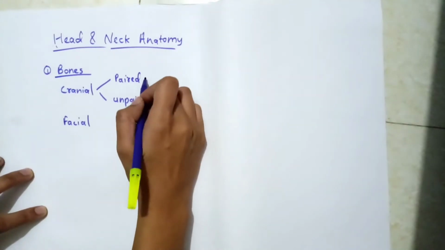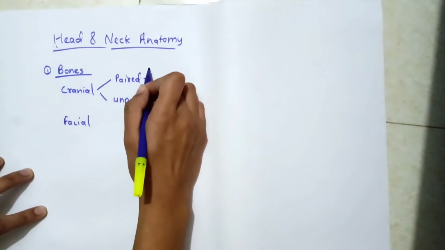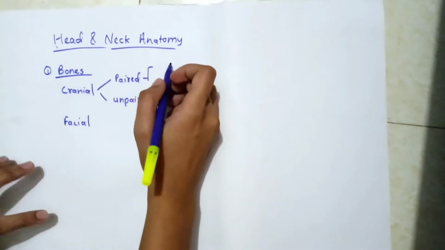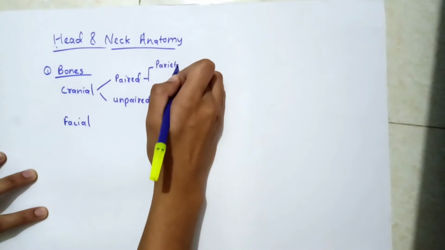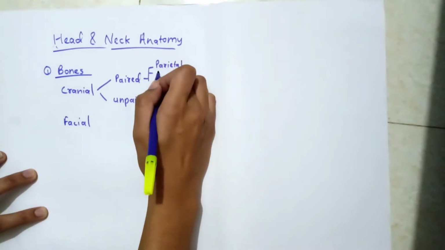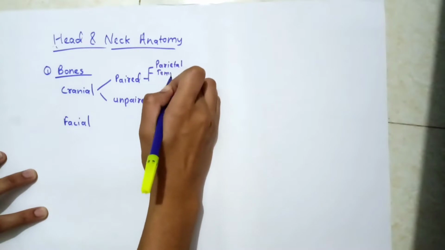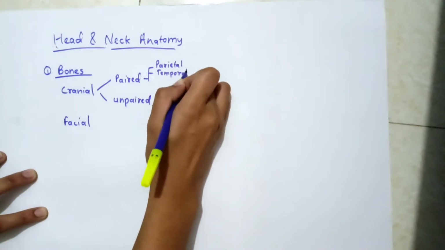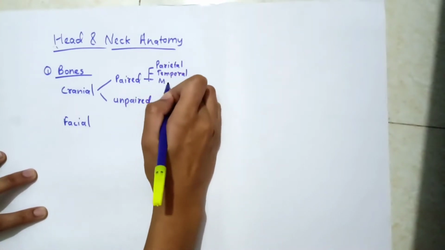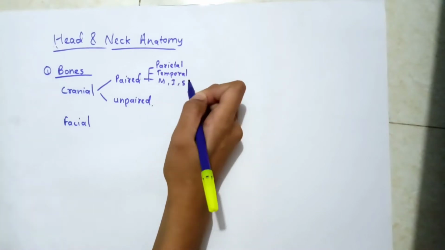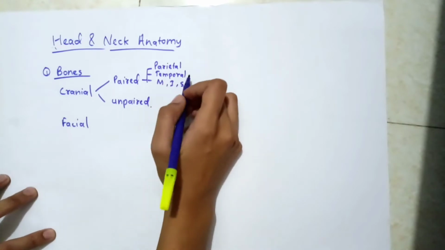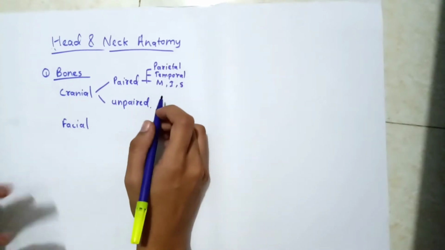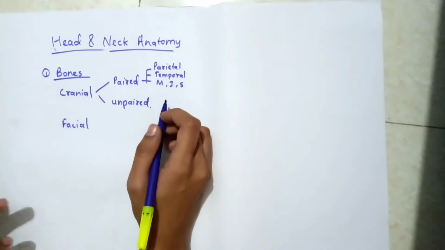In the paired bones, which bones we have? We have parietal, temporal, malleus, incus and stapes, the three smallest bones which are present in our ear. So these are the paired bones we have.